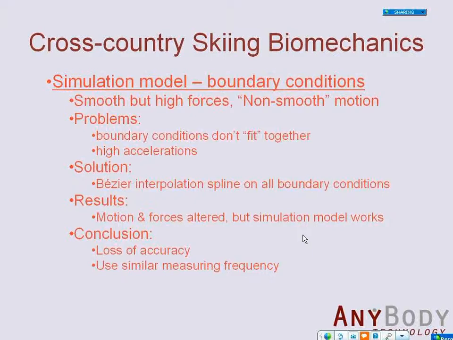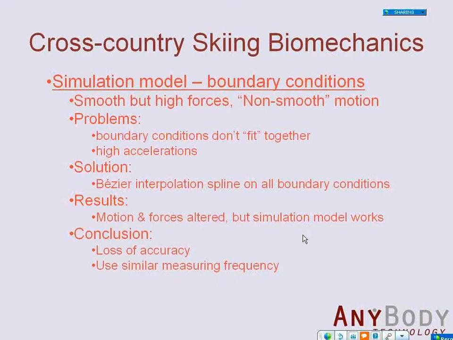Also, the jerky or rough motion data yields very high accelerations, which of course in turn yield very high forces. The solution in this case was to use a Bezier interpolation spline on all the boundary conditions. Before, I used to use the B-spline interpolation instead, but especially my motion data seemed to be so rough, so to speak, and the muscle activation results were infested with spikes, which is partly due to the high acceleration.